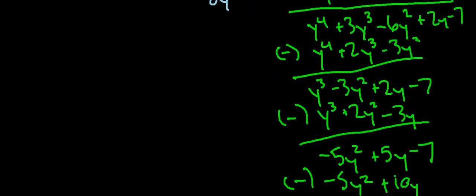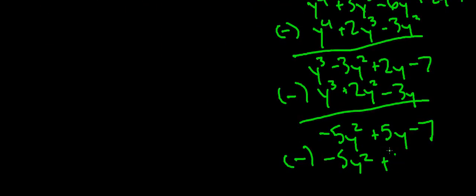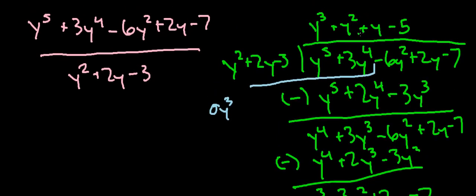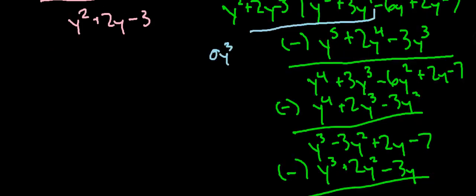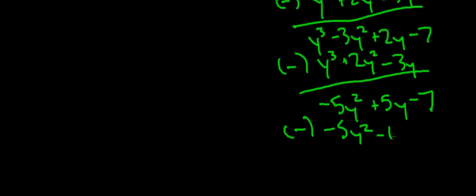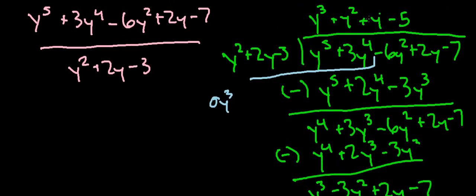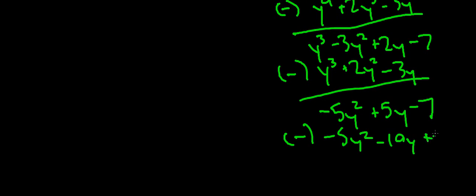Oh wait, I did make a mistake. This should be a minus 10y. This is the only thing to be really careful of. It's very easy to make a mistake with the minus signs. So we have minus 5 times positive 2y. I mixed up the signs. So we have minus 10y. And over here we have minus 3. So minus 5 times minus 3 is positive 15. Plus 15.